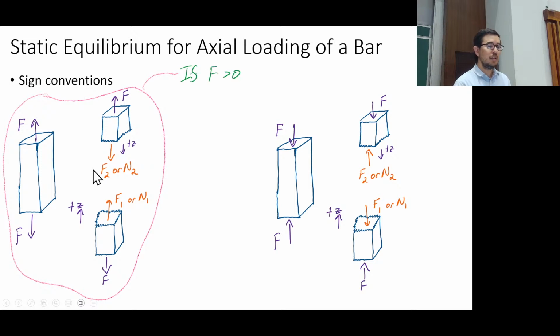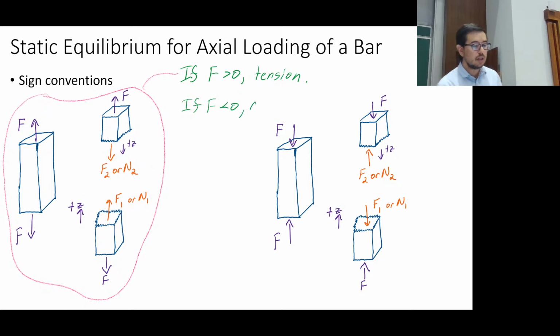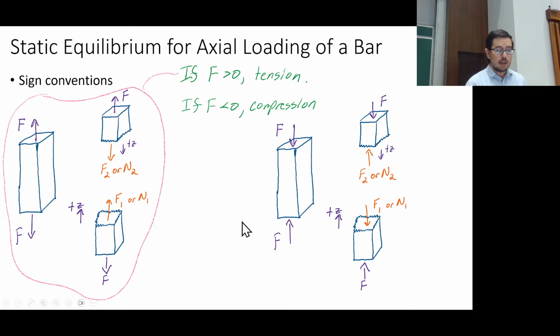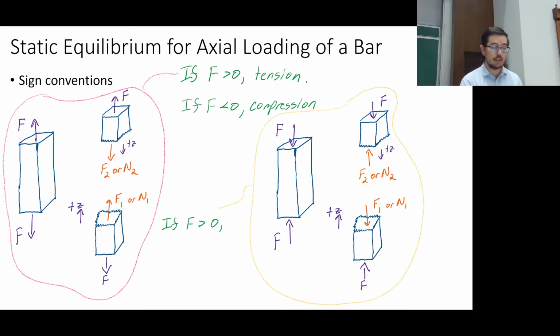So if F is greater than 0, then it's in tension. If F is less than 0, so it's been drawn this way, but this quantity is less than 0, then it's going to be in compression. And if F is greater than 0 over here, then it will be in compression. If F is less than 0, then it will be in tension.